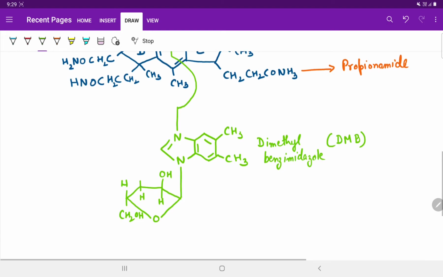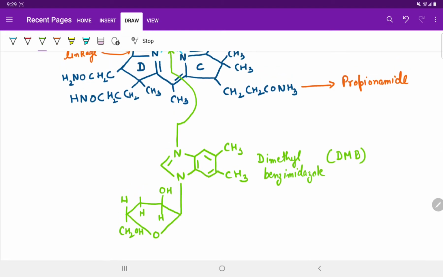so you can see that from this carbon end it is further attached to a phosphate group, and an amino isopropanol is also attached with this, and this is having a bond with the propionamide at the D pyrrole ring.